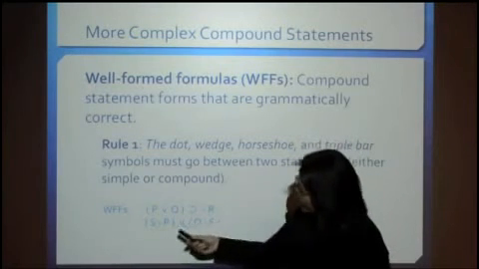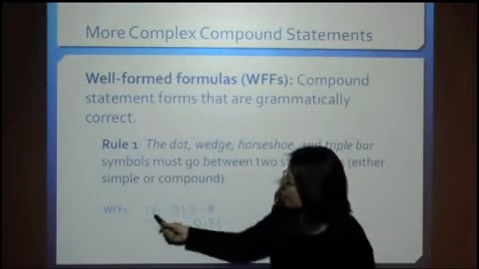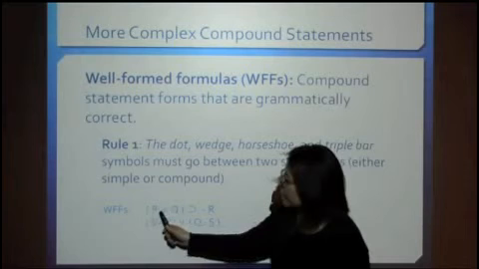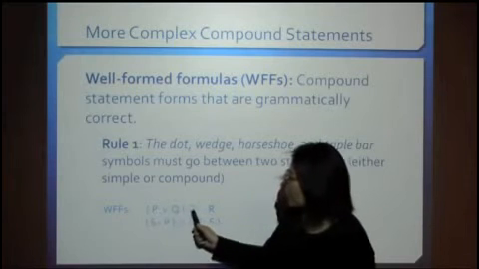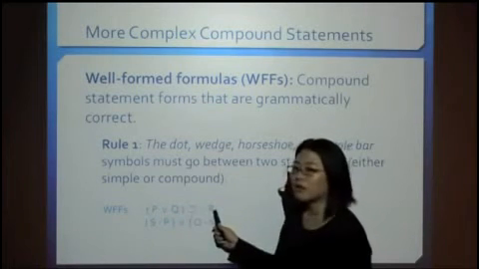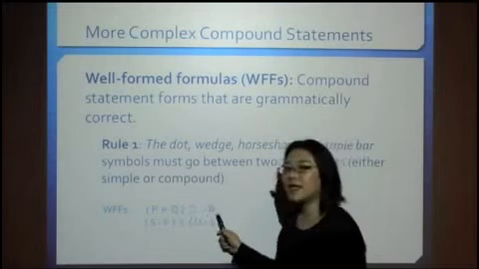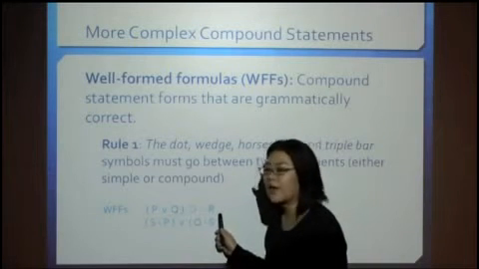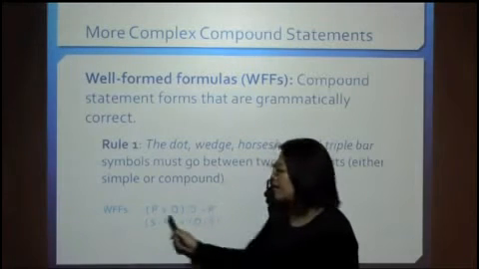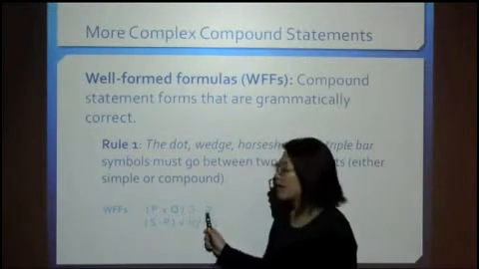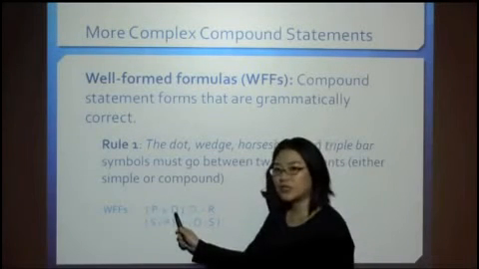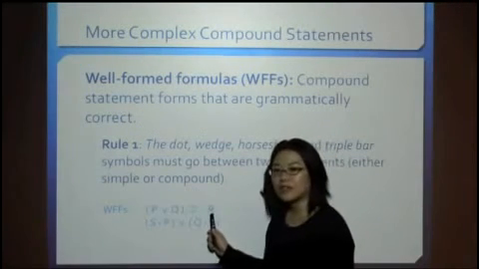Notice that we have parentheses being used. We have parentheses P wedge Q, parentheses, horseshoe, negation R. This is one complex compound statement in propositional logic. It is constituted by three simple statements: whatever statement P stands for, whatever statement Q stands for, and whatever statement R stands for.